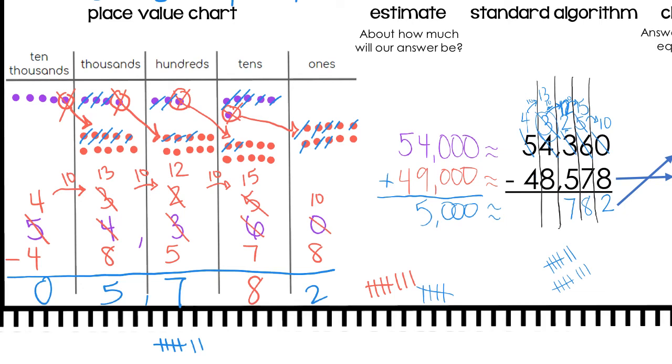Counting up again: 8, 9, 10, 11, 12, 13 is 5. And 4 minus 4 is easy. That's 0. So I still have 5,782, which is about 5,000. So the only thing I have left to do is check my answer.